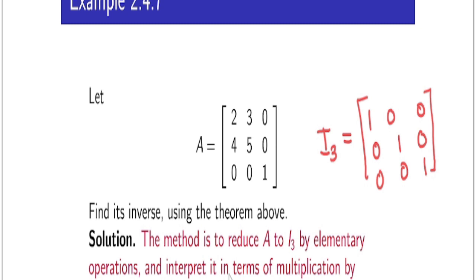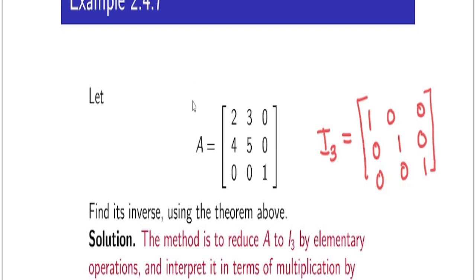Our target is to convert A to the form E1 inverse up to E3 inverse, E2 inverse, E1 inverse, that is, A is a multiplication of elementary matrices.